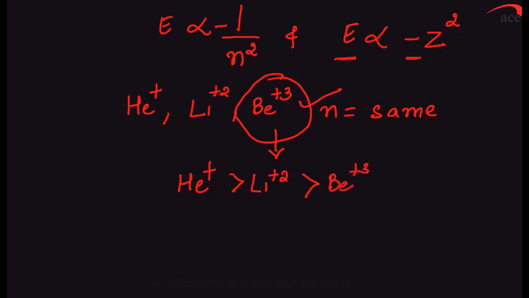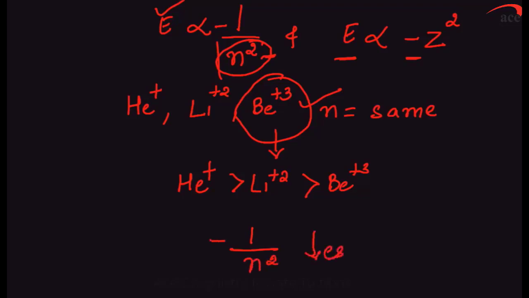Okay. So what do we conclude? As orbit number increases, energy increases. Why? Because if orbit number is increasing, this total answer will decrease. Correct? This total answer will decrease.